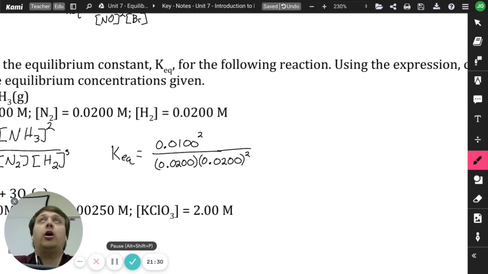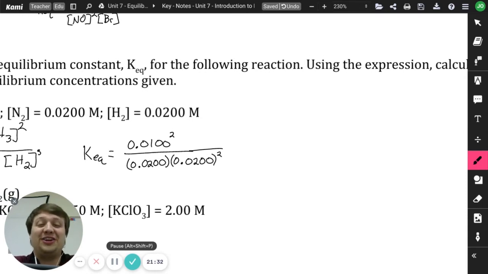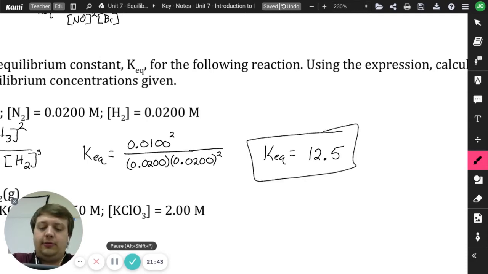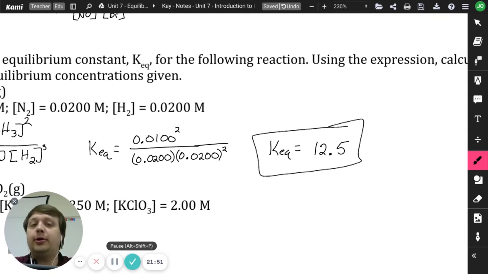So then all I would do is plug those numbers into my calculator, and I would find my KEQ is going to equal 12.5. And that would be my answer. So that's all you do for equilibrium. You're just basically going to plug in your numbers and solve, okay? Or for the equilibrium constant.